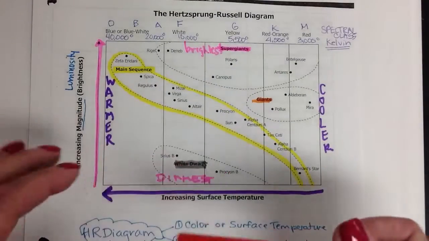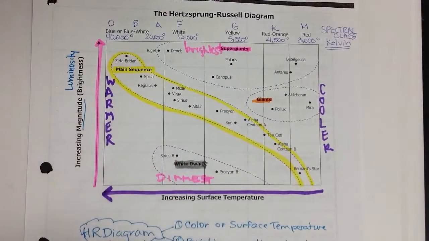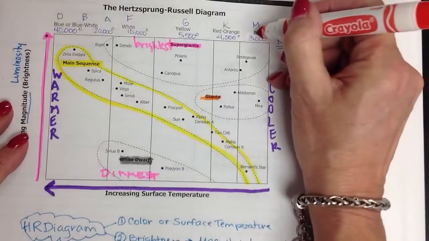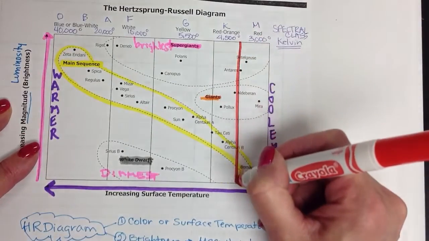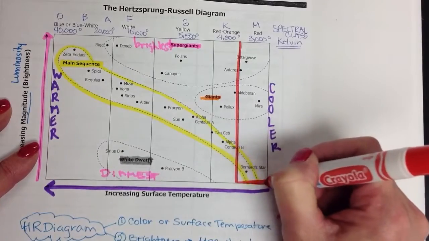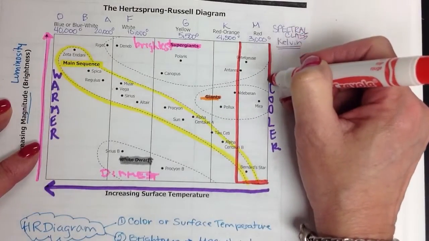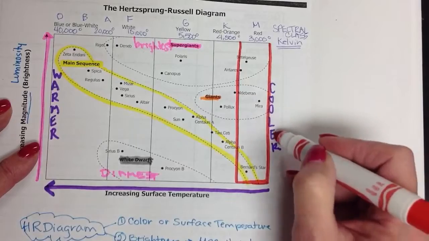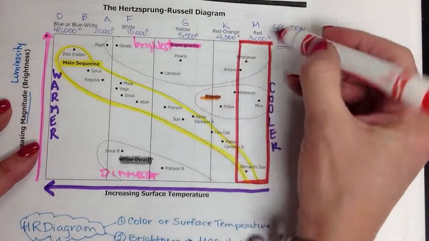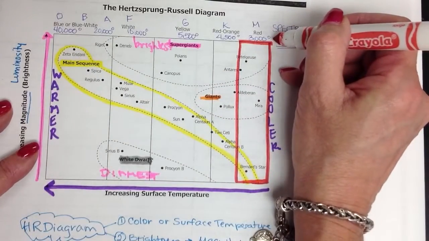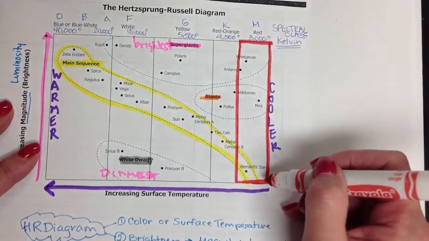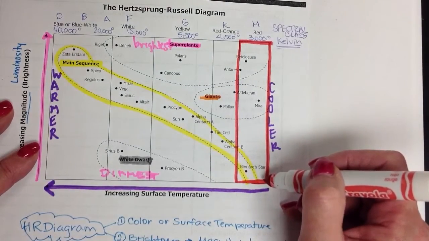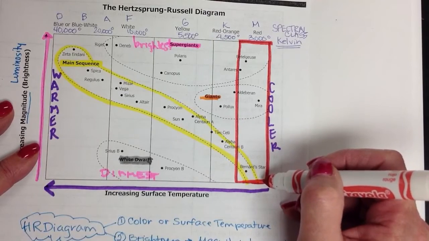Okay? So let's go ahead and outline this color with the temperature. So here are red. All of these stars in this area are red. So they're red in color. They're cooler. They have a surface temperature of about 3,000 degrees, and their spectral class is M. We look at dimmest to brightest.